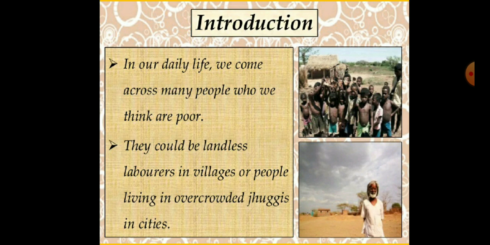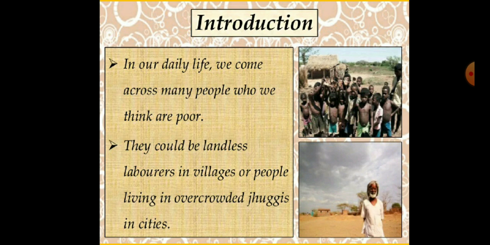When we talk about poverty, poor people, we only think of beggars on the road. But they are not the only poor people in our society. In our daily life, we come across many people who we think are poor. It could be a laborer, a farm worker, a woman worker, a child worker.